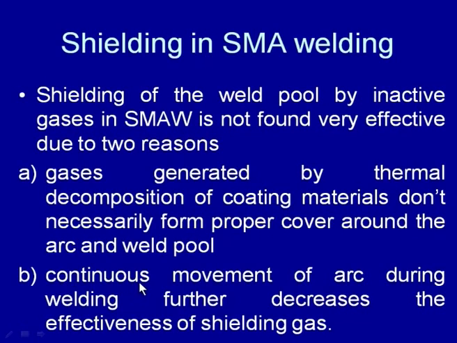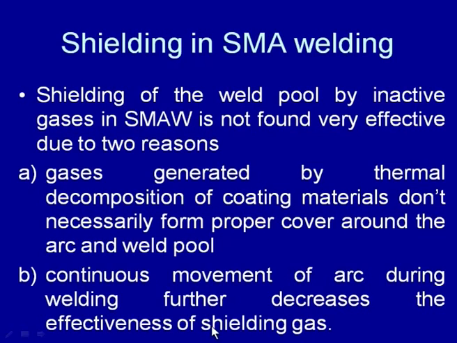Another aspect is that the electrode is moved continuously during the welding, which further decreases the effectiveness of the shielding process. Once the arc is developed for continuous welding and for depositing the molten metal all along the weld line, it is necessary that the arc is moved continuously along the weld line, so that the metal can be deposited at the places where it is desired.